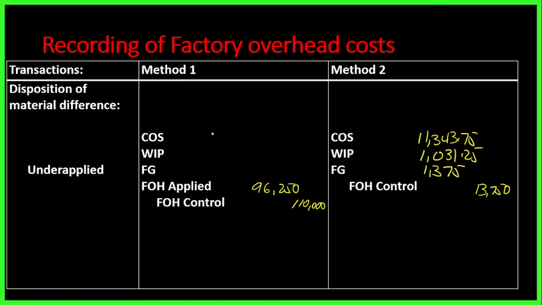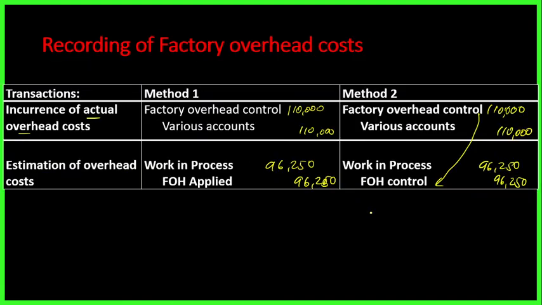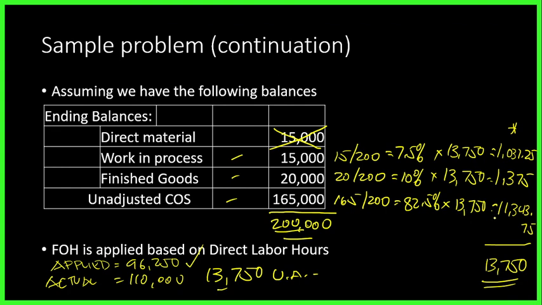So your cost of sales will be 11,343.75, work in process will be 1,031.25, and finished goods will be 1,375. Now let's check. Cost of sales is 11,343. Finished goods is 10%. So this is correct. Work in process is 1,031.25.